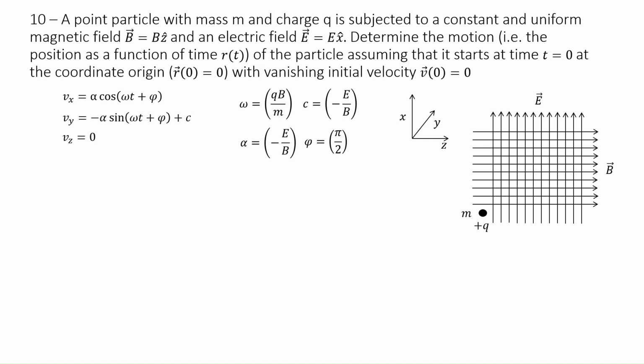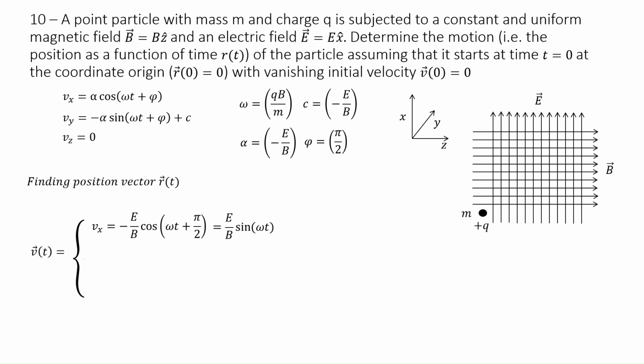So now that we have our constants, omega, c, alpha, and phi, we need to find our position vectors, r(t). And we have our components for our velocity vectors. These in the x direction is minus E over B cos(omega t plus pi over 2), which we can simplify as E over B sine omega t.